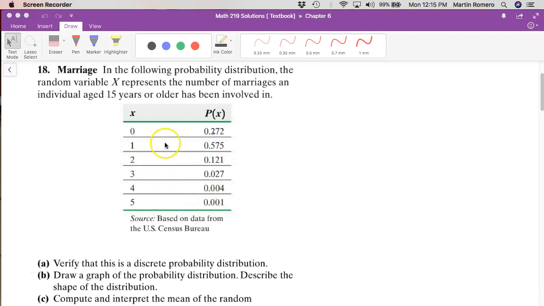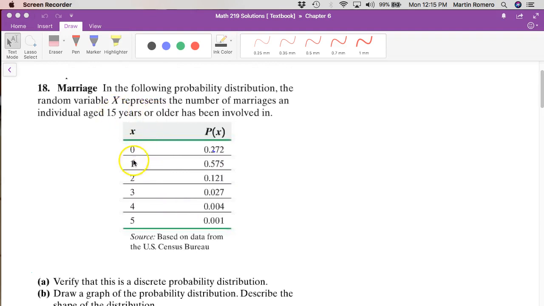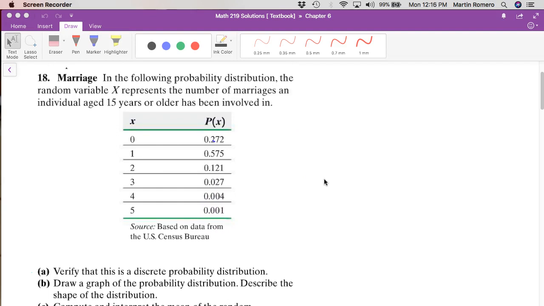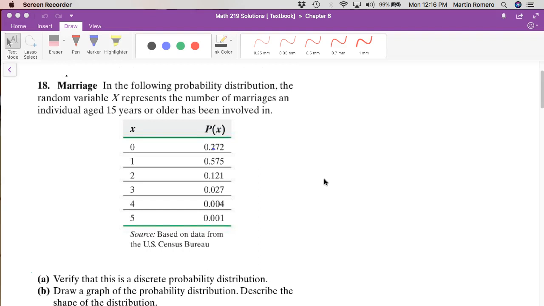You can see most people 15 years or older have one marriage. The next highest group is 0 marriages, and then we have people who have 2 marriages, 3 marriages, and so forth. Let's go ahead and answer some of these questions. First question here is how do we know this is a probability distribution? Well, it meets the criteria.